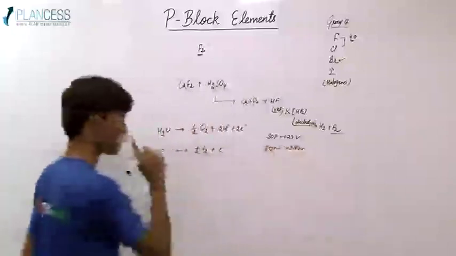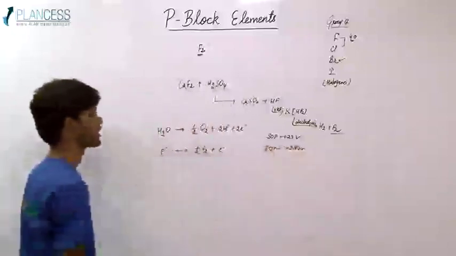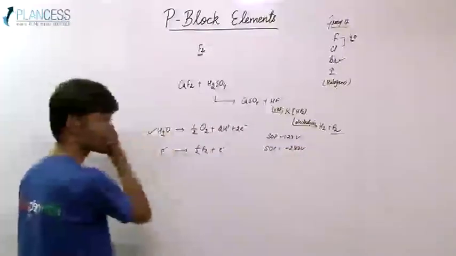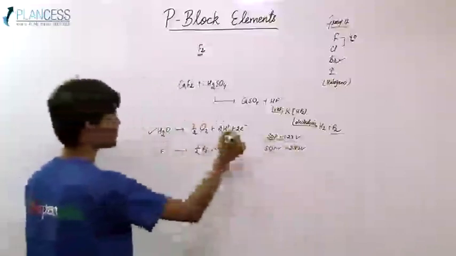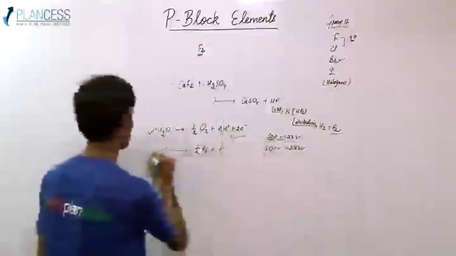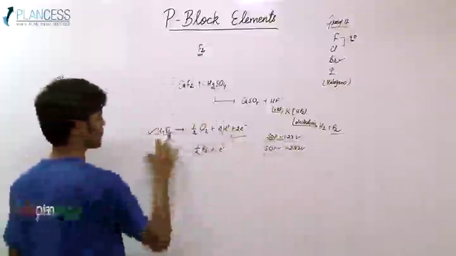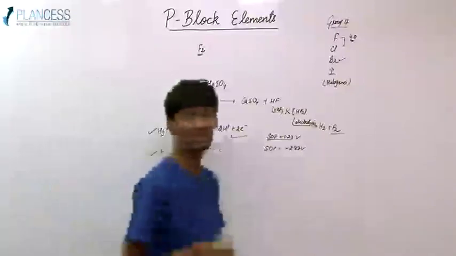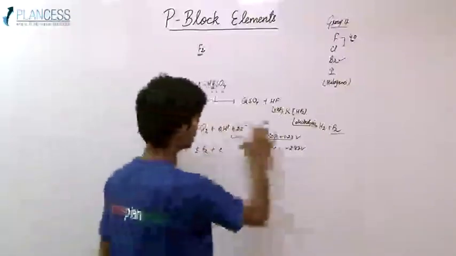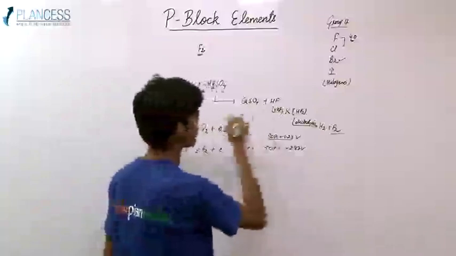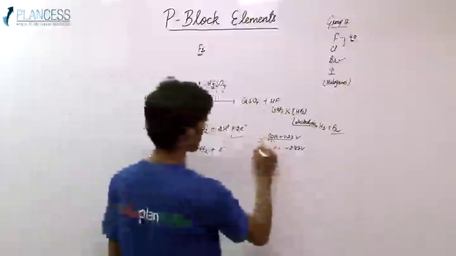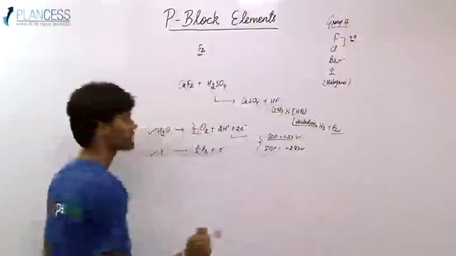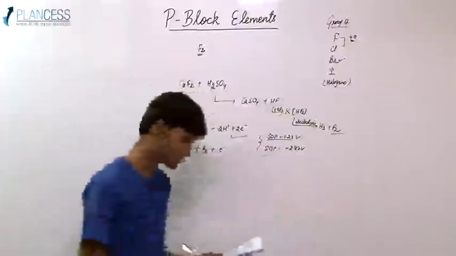So in the case of an aqueous solution of NaF or KF, H2O will be oxidized, since its SOP is more than the SOP of F-, so it will be released in place of F-. Therefore, it cannot be produced by the electrolysis of an aqueous solution of NaF or KF. You will learn more about standard oxidation potential and standard reduction potential in electrochemistry.